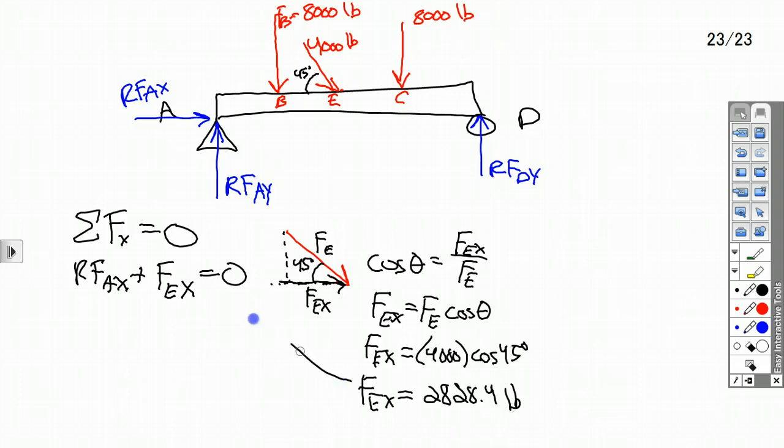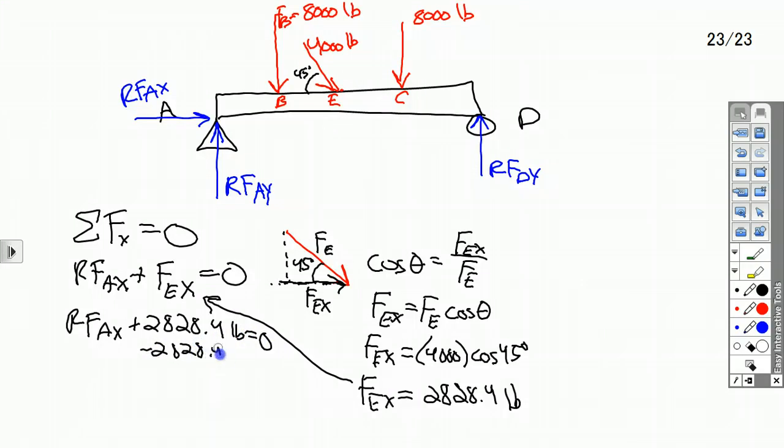I've got to go back and now plug that in. So RFAX plus 2828.4 pounds has to equal 0. So if I subtract 2828.4 from both sides, do a little algebraic magic here, RFAX equals negative 2,828.4 pounds.